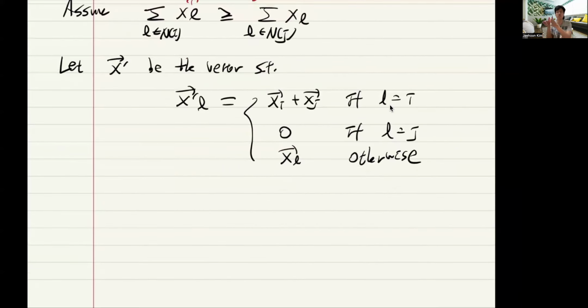So simply you move all the values of xj to xi. You make xj 0, and then you increase xi using that, while keeping the sum of all coordinates still 1.